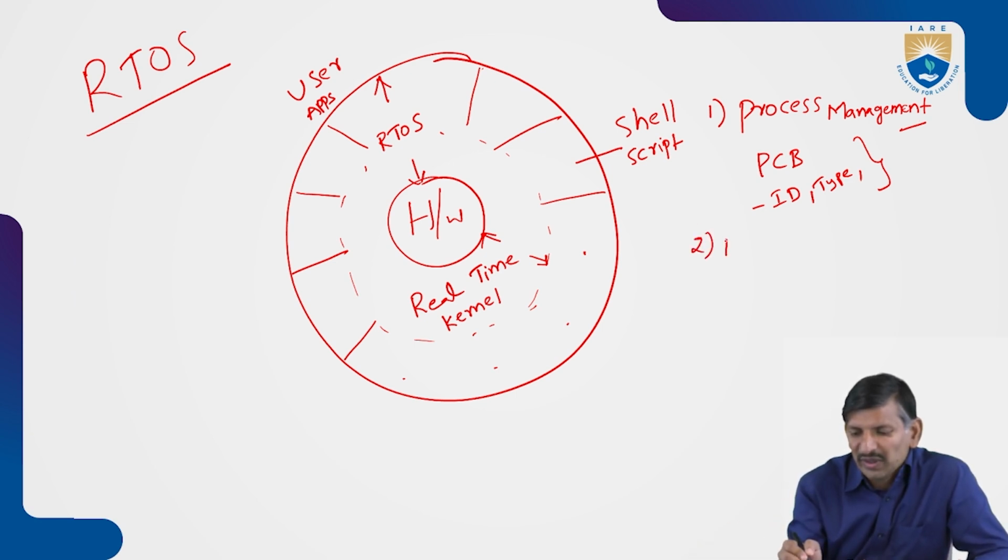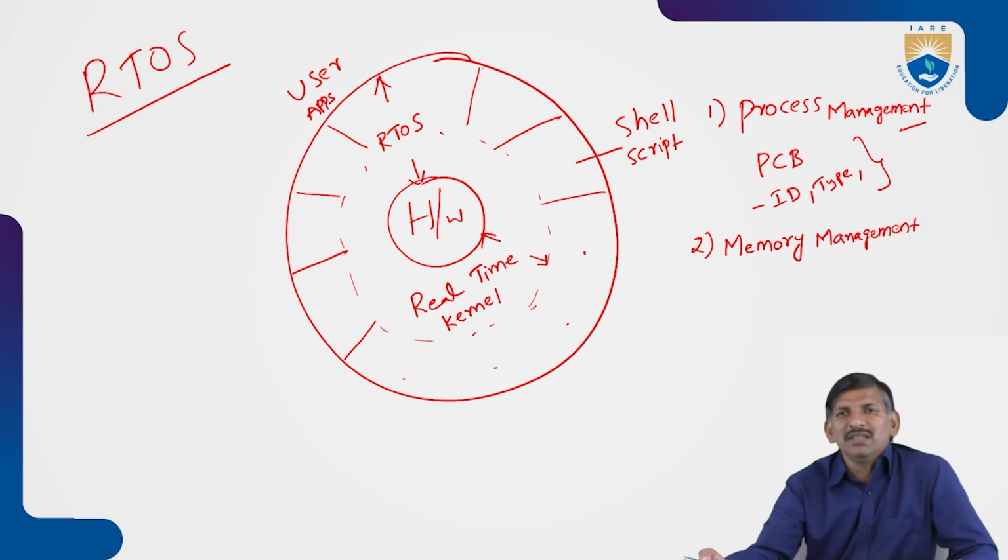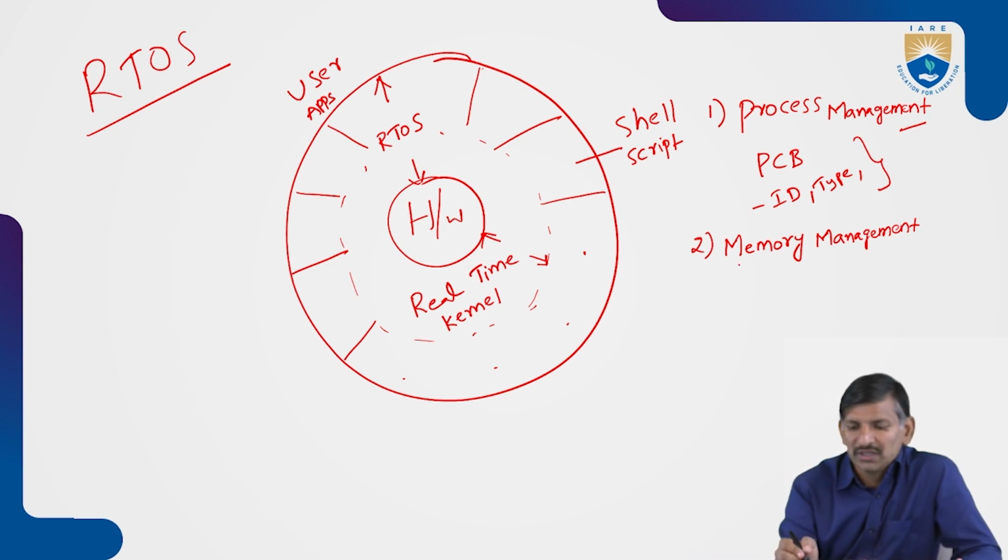Second, memory management. Here memory means for storing the instructions or for storing the firmware. Here there are two types of memories, primary and secondary.